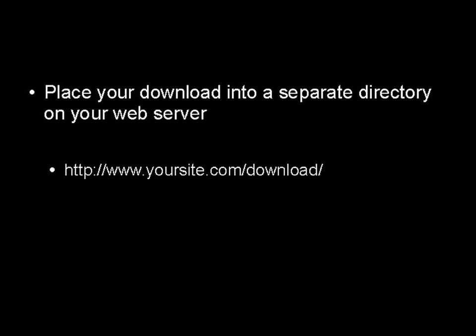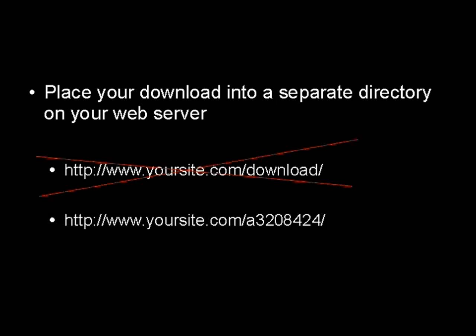Now you want to be imaginative when you decide what you're going to call this directory. You want to have it so it's not something that people are going to have an easy time finding. So for example, you wouldn't want to call it download. What I like to do with my download directories is to give them a random combination of letters and numbers that's going to be very hard for people to guess.